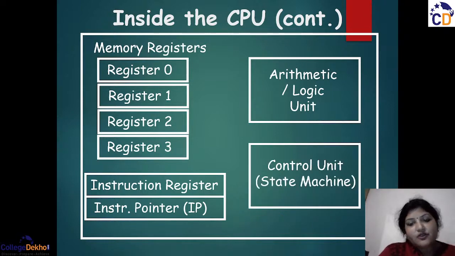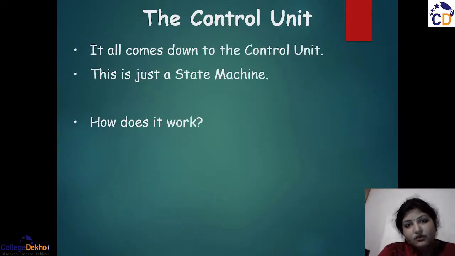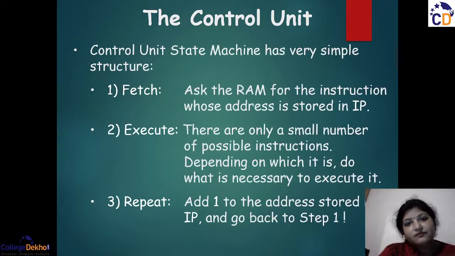Then we have, as I told you, the second very important part, that is the control unit or state machine. What does it do? It all comes down to the control unit, which is just a state machine. How does it work? Let us see. The control unit state machine has a very simple structure. What is that?